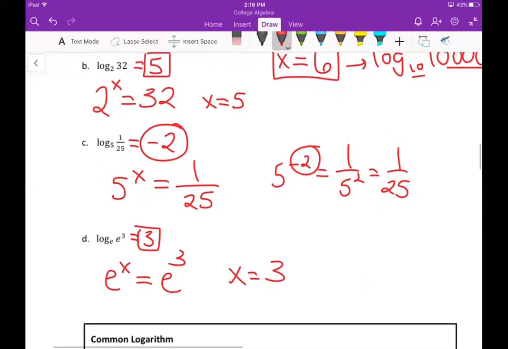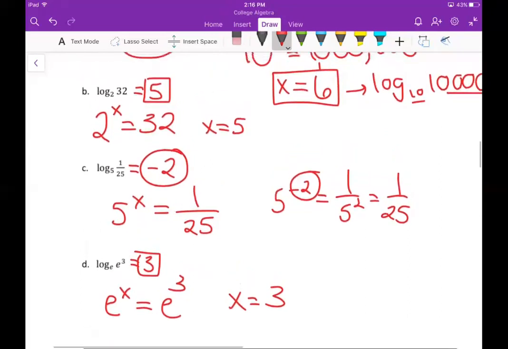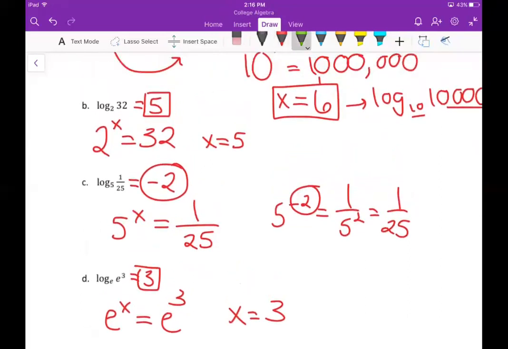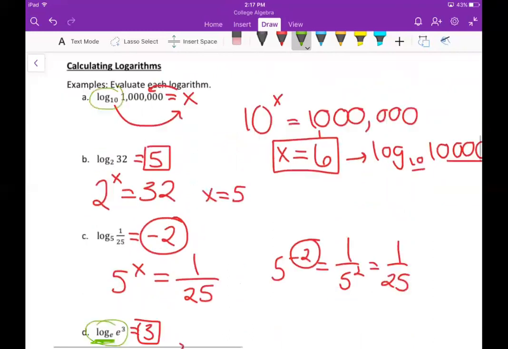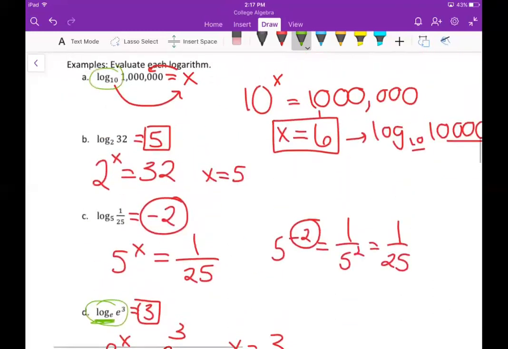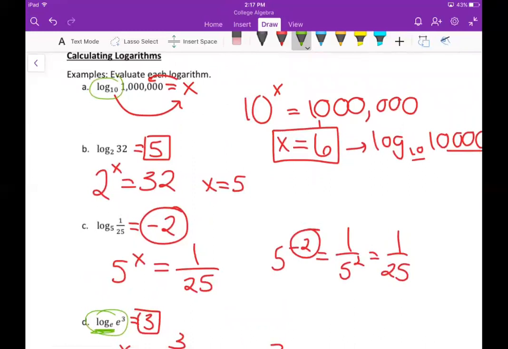Okay? Now, a couple things to note here. I have a couple in here that are actually written kind of funny based on how they're normally written. Log base e, I talked about how e was a common base there. Log base e and log base 10 are actually going to be written in slightly different ways because they're so common. 10 is very common because our number system is base 10.